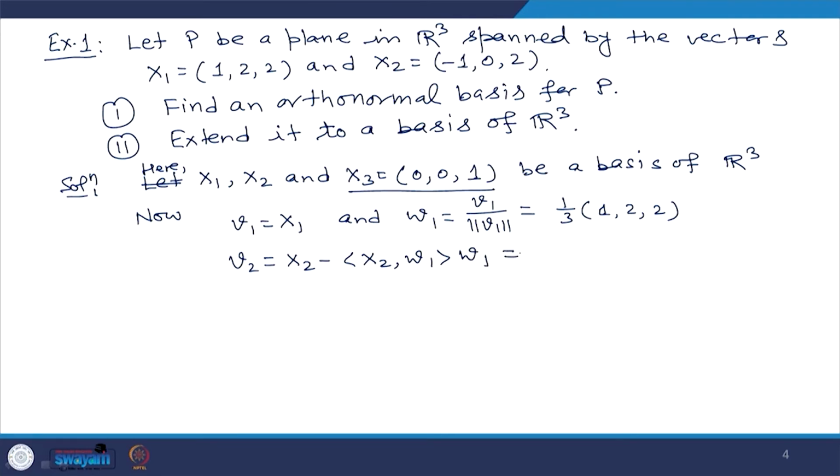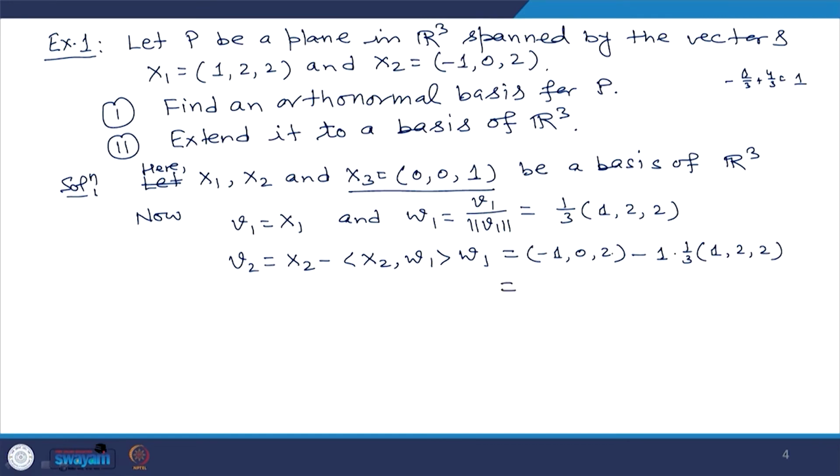Here the inner product is the usual dot product in R3. So, x2 is minus 1 0 2, minus the dot product of x2 with W1: minus 1 by 3 plus 4 by 3, which becomes 1. So, minus 1 times W1, and W1 is 1 by 3 times 1 2 2.